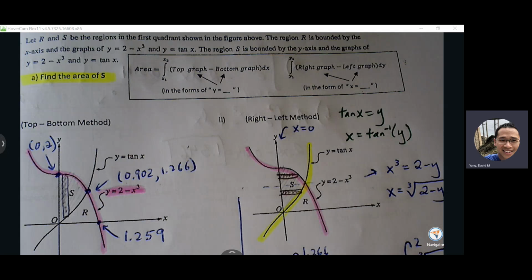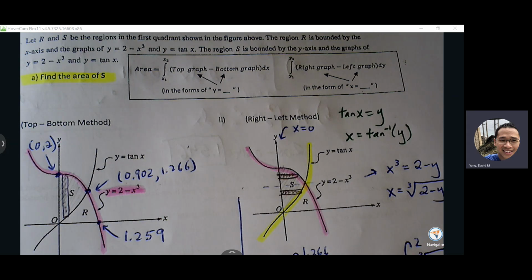Okay. So this is really the core concept for the remainder of this unit. If you understand how right minus left works and how top minus bottom works, if you know what's needed for right minus left versus what's needed for top minus bottom, this I think is the most important concept.